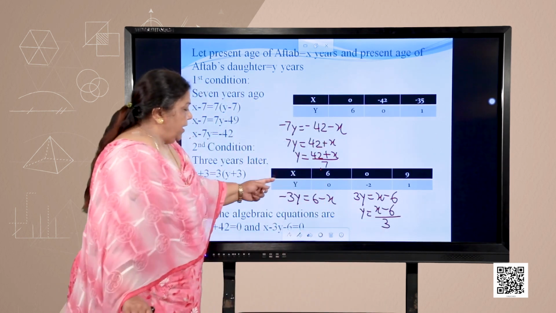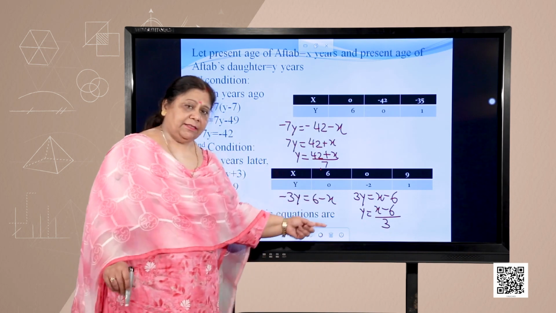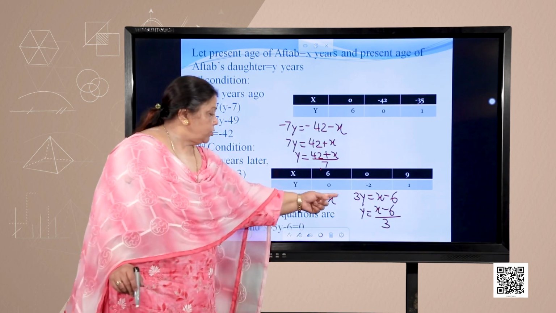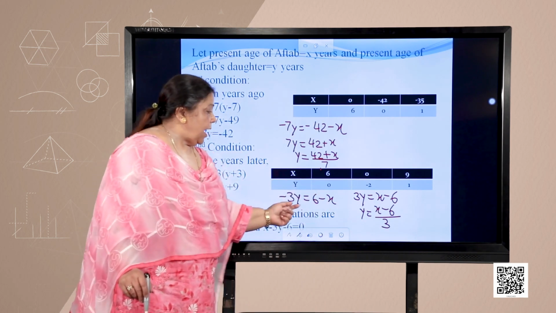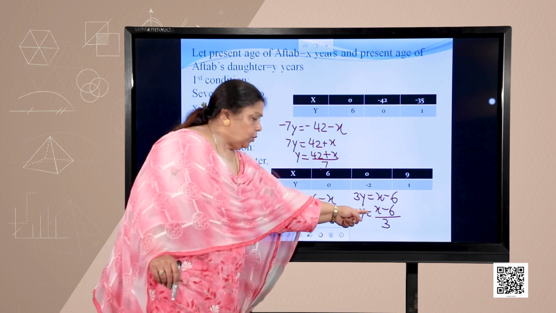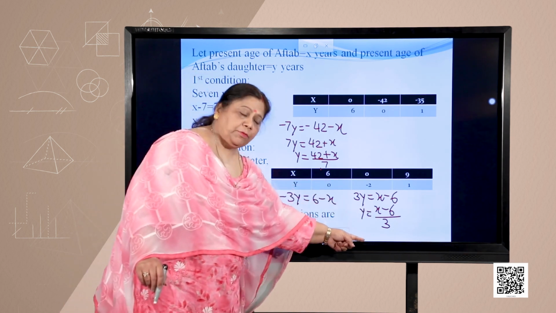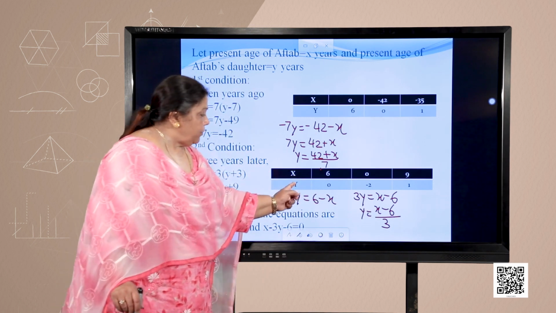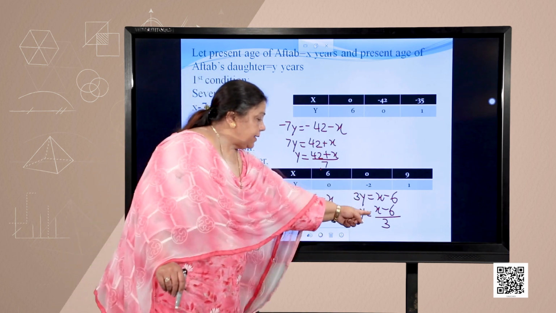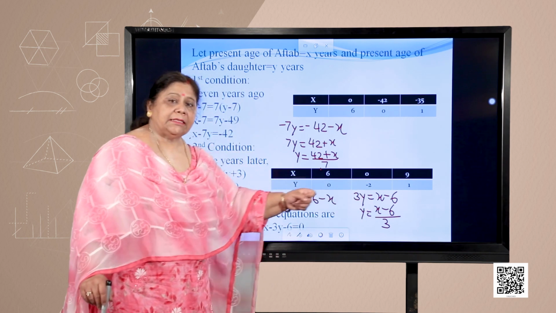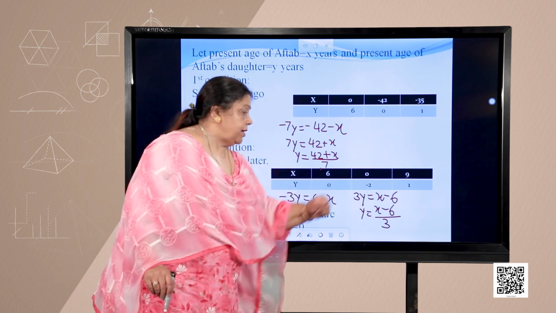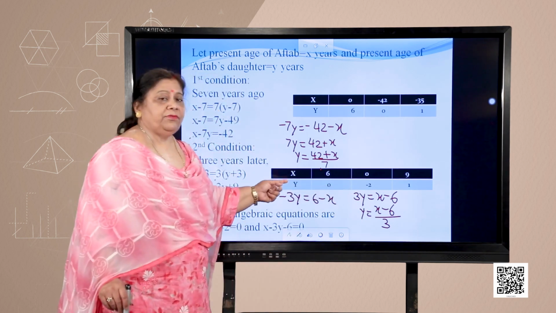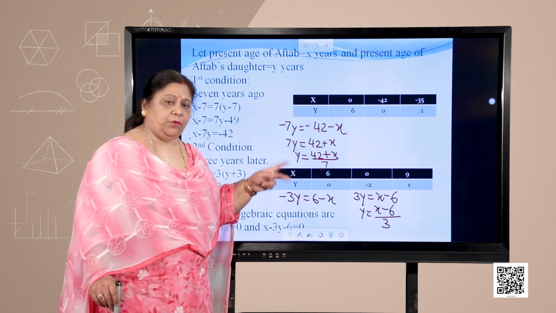Look here, if I take the value of x as 6, 6 minus 6 is 0. So 0 upon 3 is obviously 0. And if I take the value of x as 0, 0 minus 6 upon 3 gives me minus 2. Likewise, if I take the value of x as 9, 9 minus 6 is 3, 3 upon 3 is 1. So these are the values we have got for the two different equations.